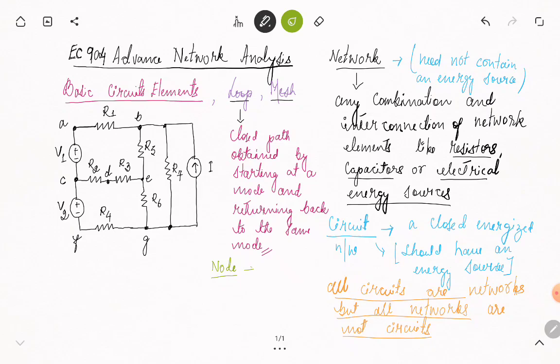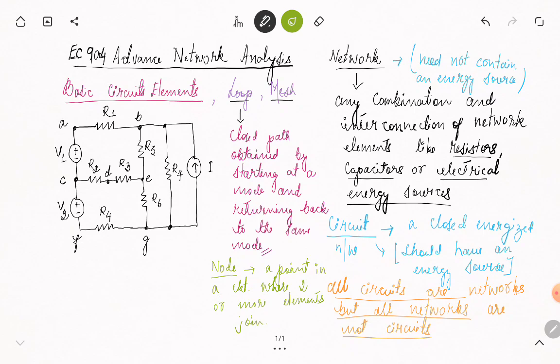A node is a point in a circuit where two or more elements join.